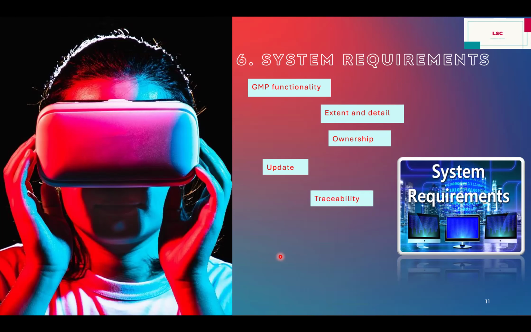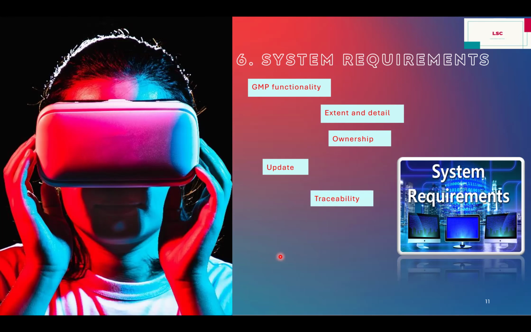After that, traceability. As we all know, traceability gives us the opportunity that whatever URS and requirements we identified previously are all traceable to our validation activity, our documentation, our system, and our procedure.